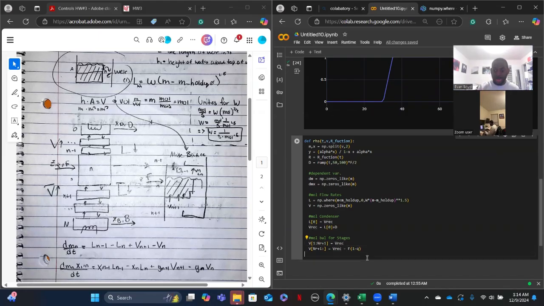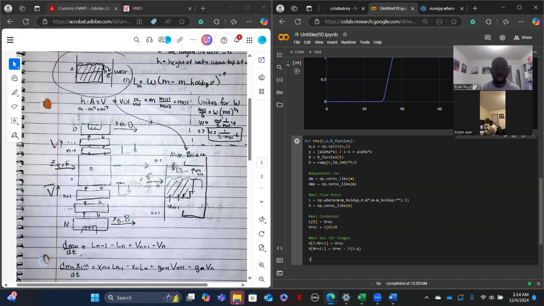So now we have that situated, we can get into our derivations. We can actually start putting these in.